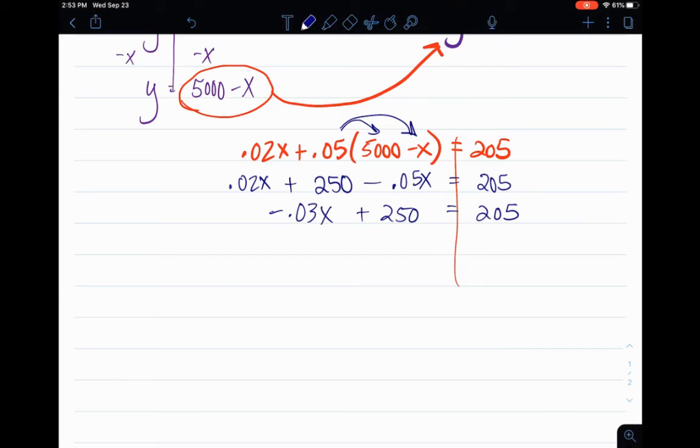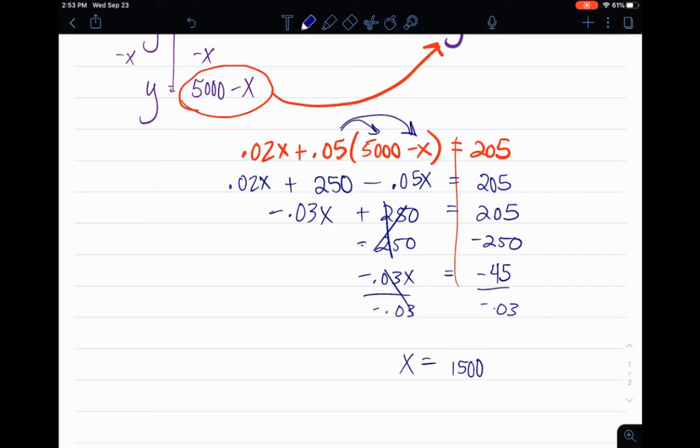Then we will subtract 250. 205 minus 250 is going to be negative 45. Then we would divide. We actually get 1500.